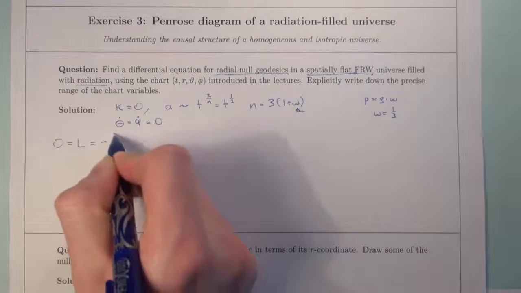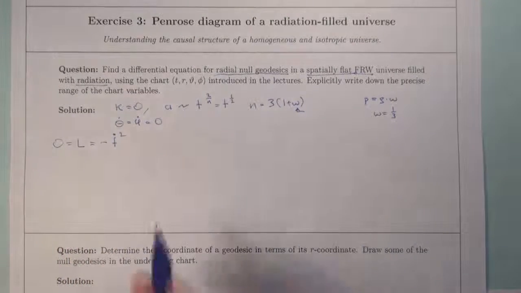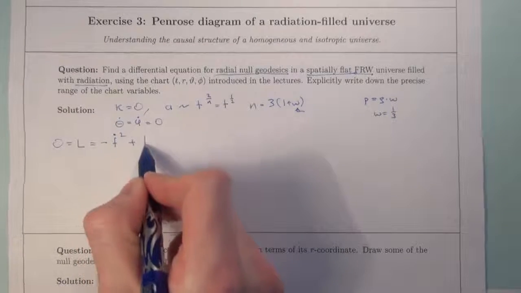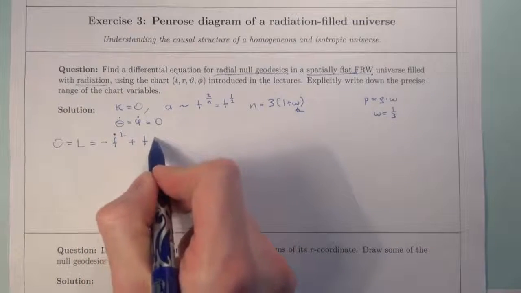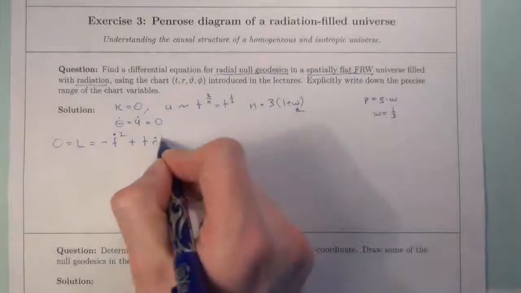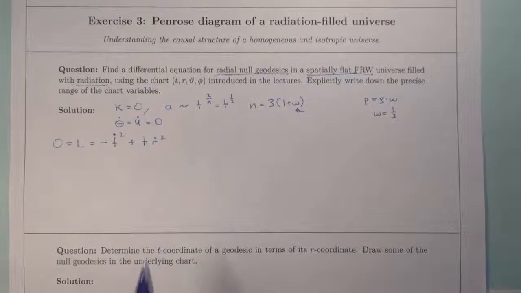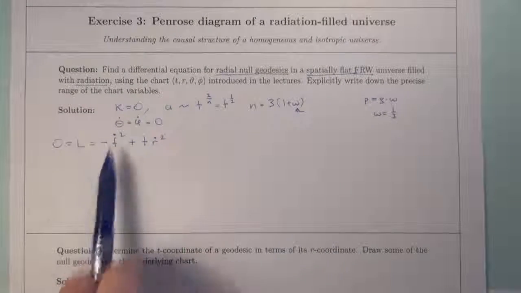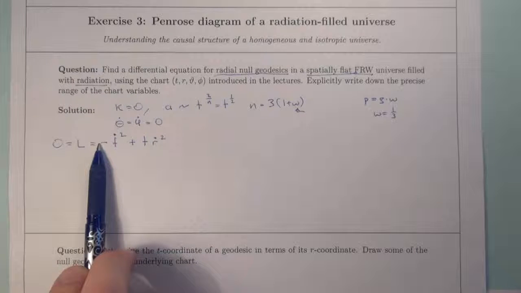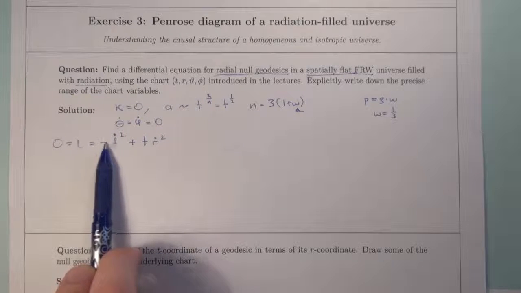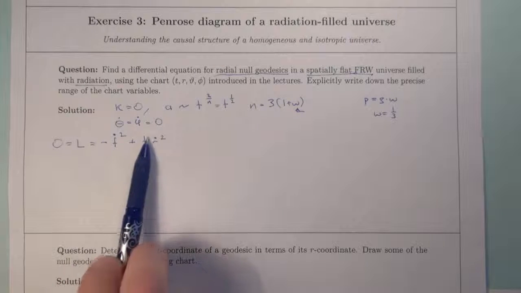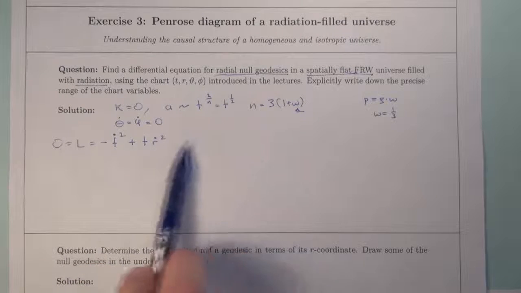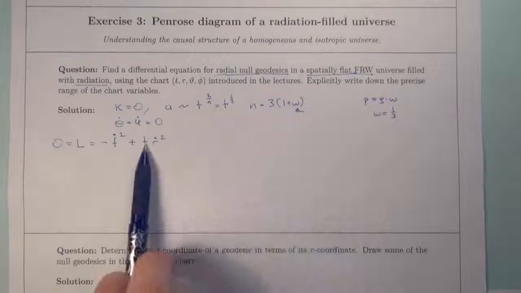This would be minus t dot squared plus t times r dot squared, because the metric for the flat case was just minus in the 0,0 component and some a squared in the spatial part, and a squared is just t.